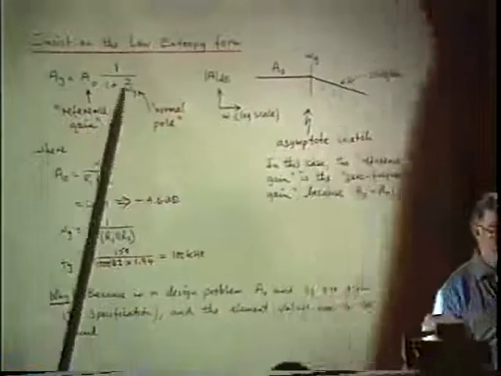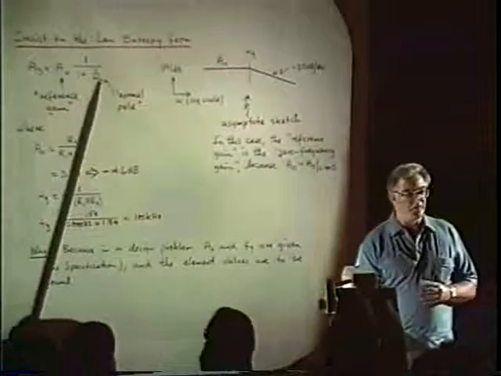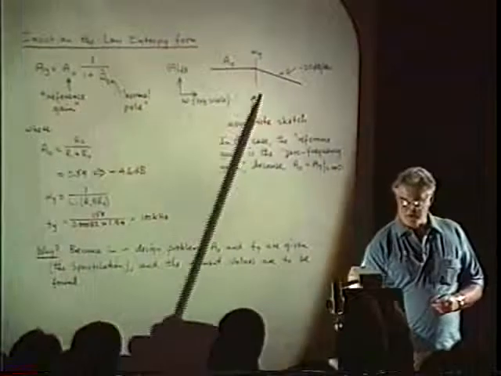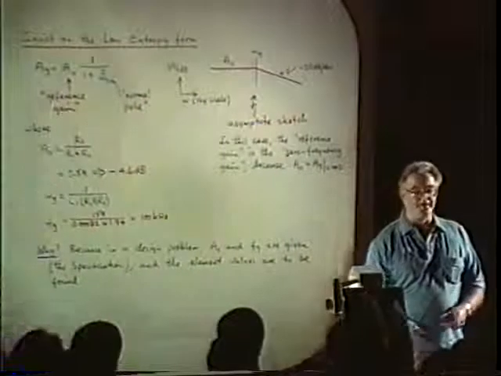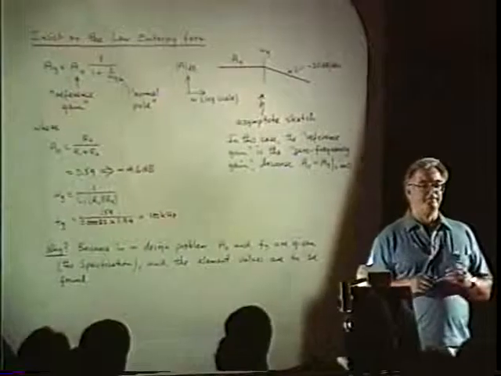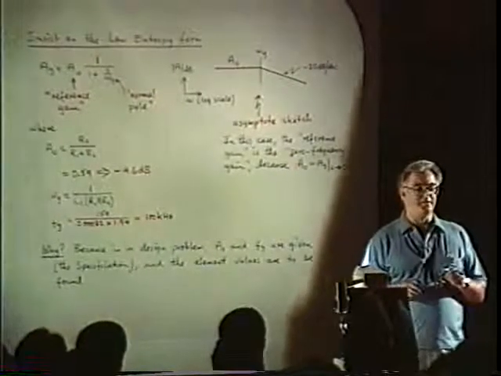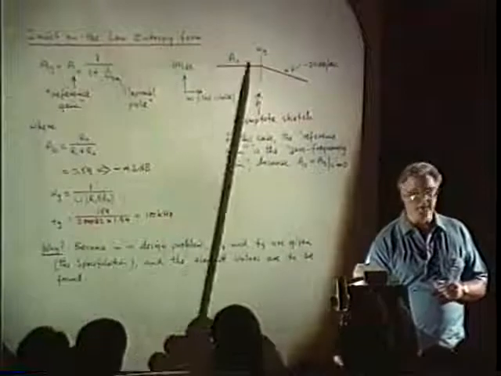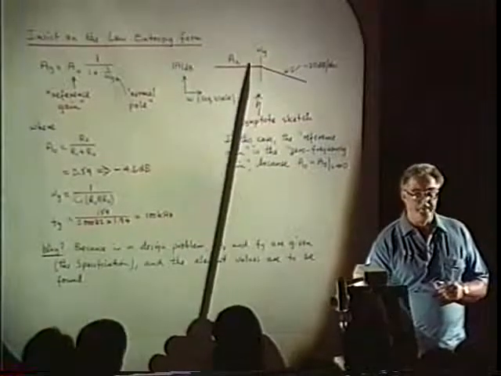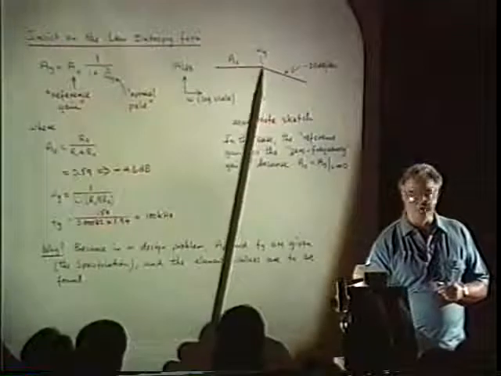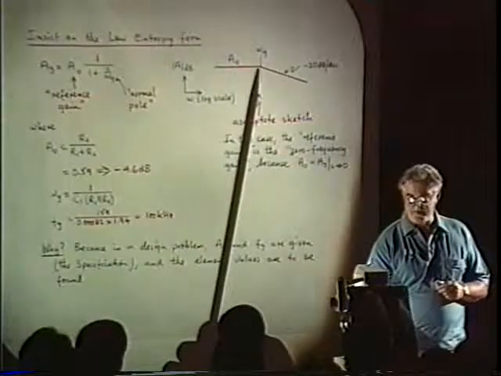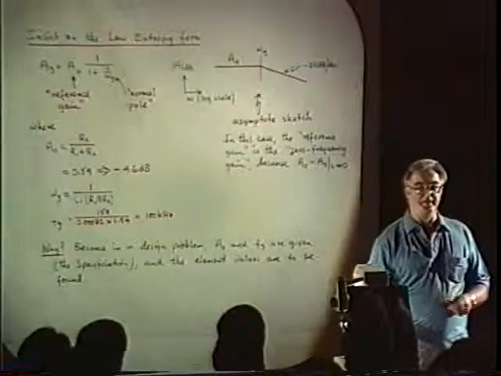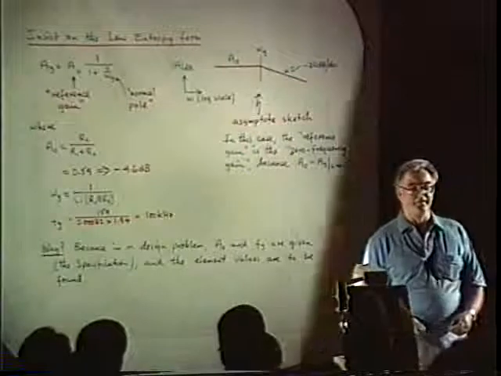The important point about this so far is this is a low entropy format, because when you make this sketch, these two quantities are immediately visible, and you know immediately what the interpretation is. The A0 is the zero frequency gain, which is flat. The omega y is the corner frequency, namely the intersection of the zero and infinite frequency magnitude asymptotes.